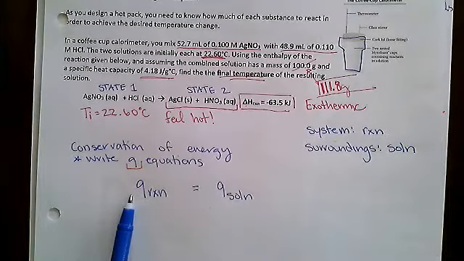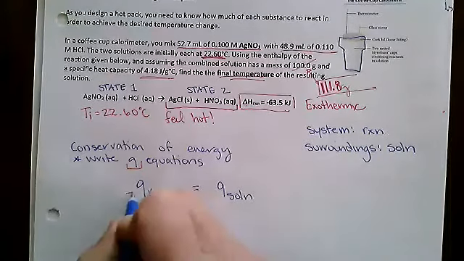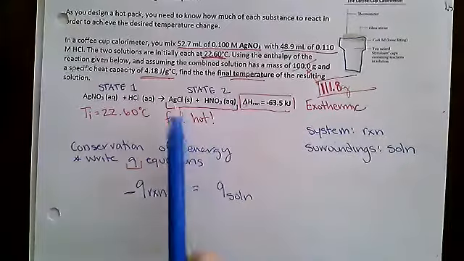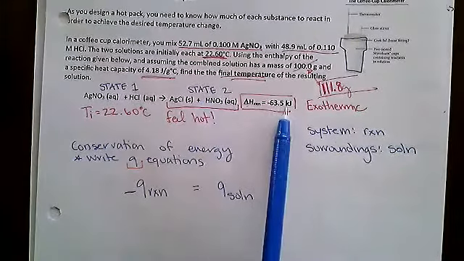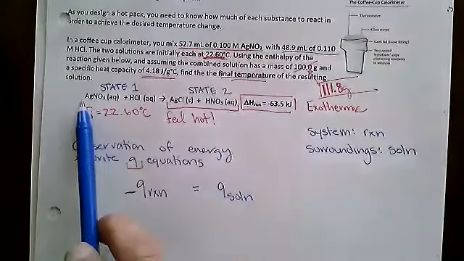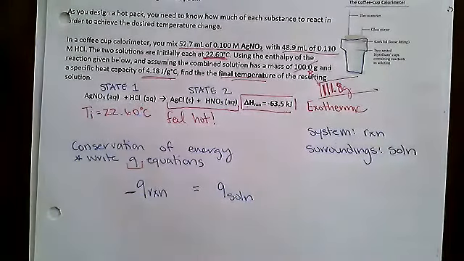Positive or negative? Negative. Exothermic. So heat's being lost by the system. This is how much heat is lost per 1 mole of silver nitrate and 1 mole of hydrochloric acid that react.